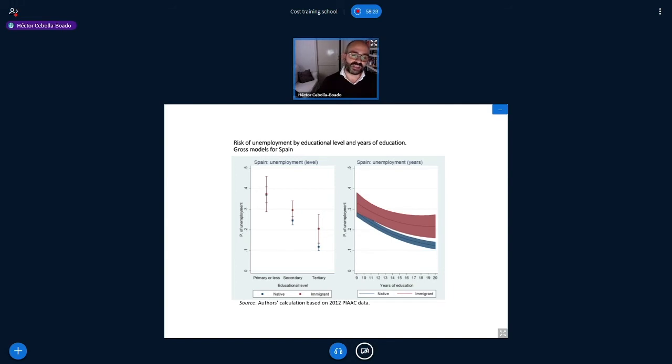What this shows is that the dependent variable here is the probability of being unemployed, right? So there is, generally speaking, a negative correlation between skills and the probability of being unemployed in Spain, in this case, right? And it applies both to migrants and natives.